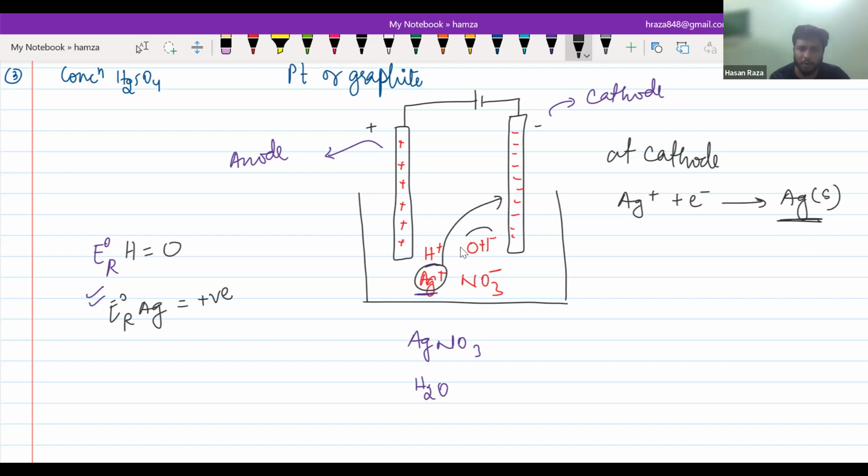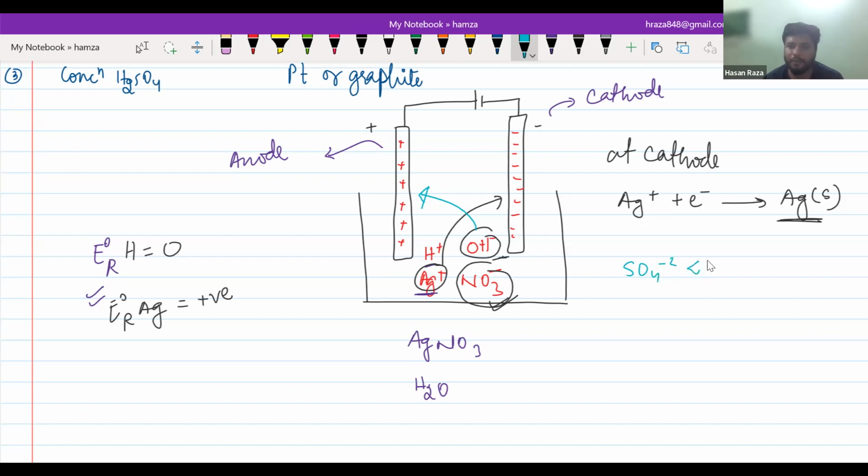Now come to this point, OH- and NO3-. These are anions, and I had given a PDT, preferential discharge theory, for anion. According to this theory, NO3- will have lesser migration than OH-.